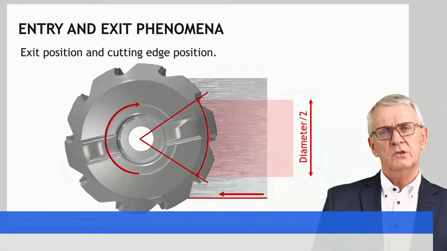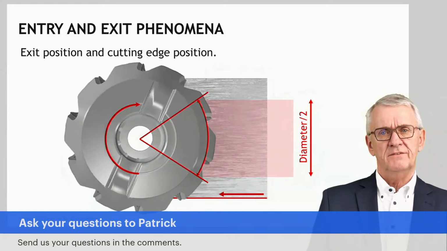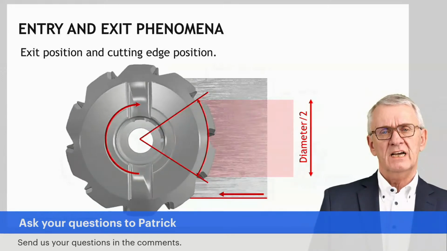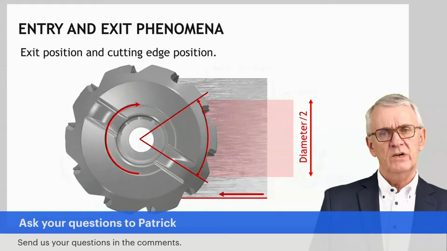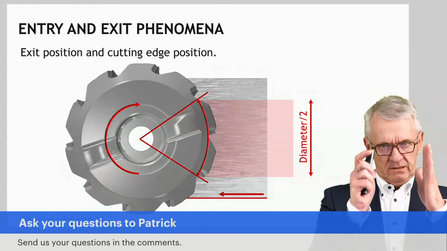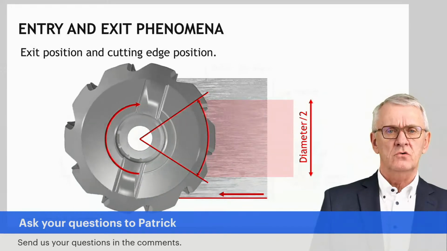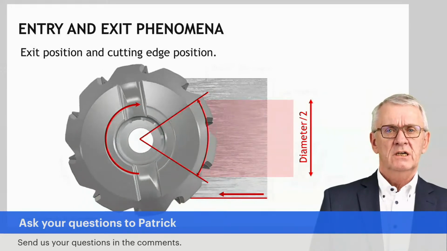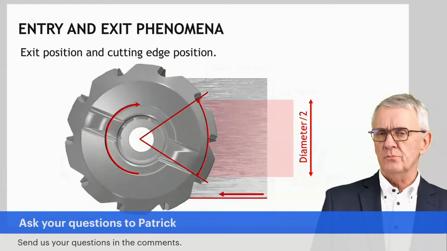And this is a bit of the beauty of this, because this zone can be rather easily defined as a zone having roughly half of the diameter of a milling cutter as width, and it's centrally positioned compared to the milling cutter. This, in red marked zone, the exit phase, the side of a workpiece where the cutting edges come out, should not be in.